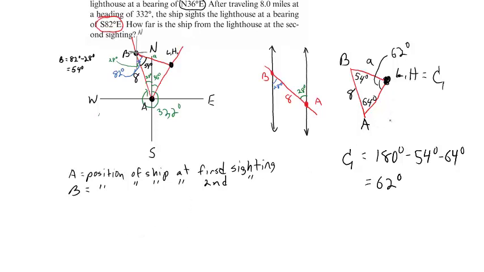So set it up. What does the law of sines say about this side A? A in ratio to sine 64 degrees should equal, what's the known ratio? 8 in ratio to sine 62. We really did need that, didn't we? And then is this easy enough to solve?